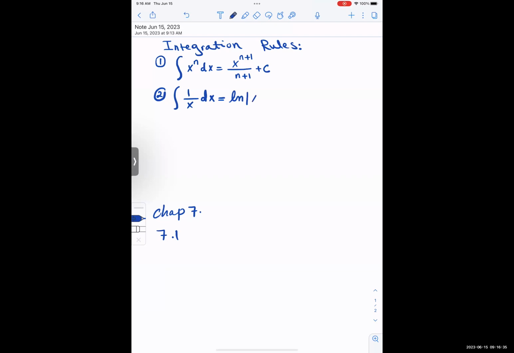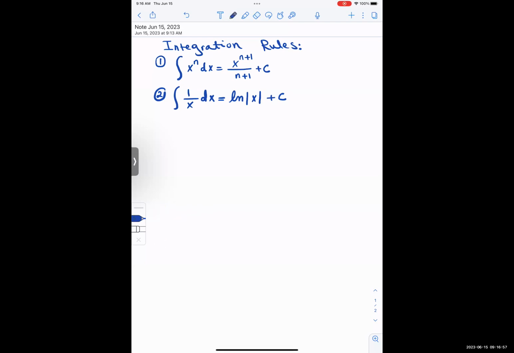Excellent. ln of absolute value of x, which means regardless of whether x is positive or negative, I need to say absolute value of x, plus c. So I want you to have this list nice and complete in your notes and memorize it again.